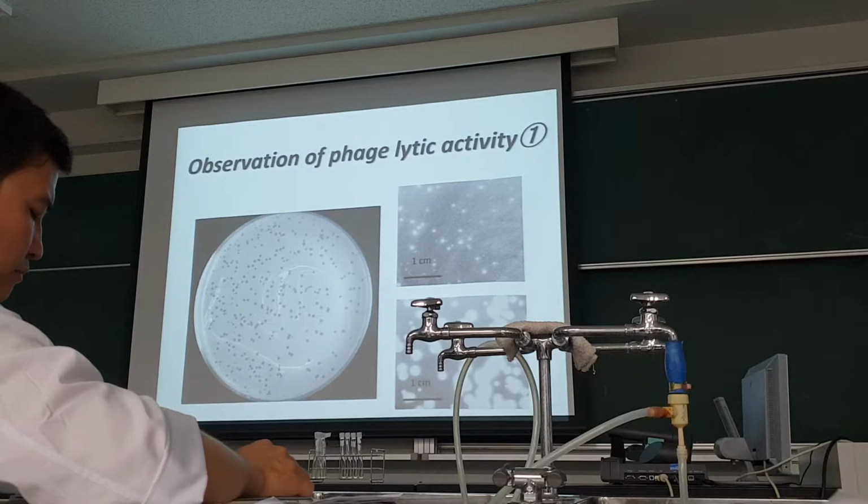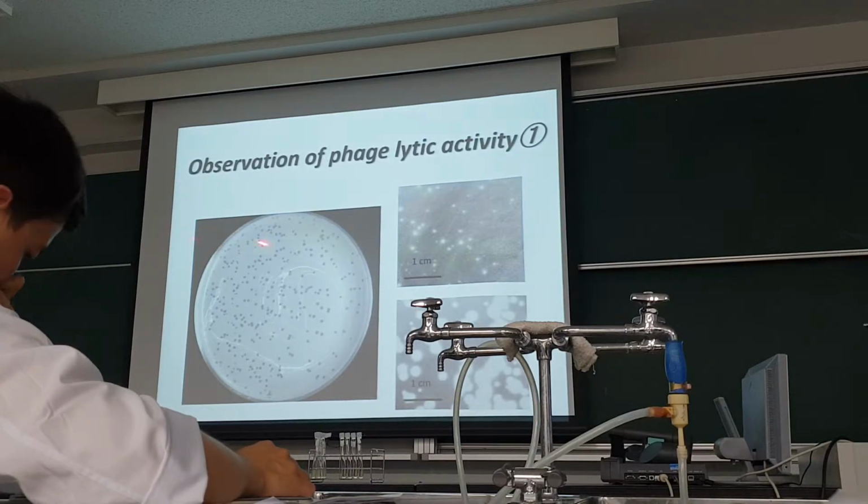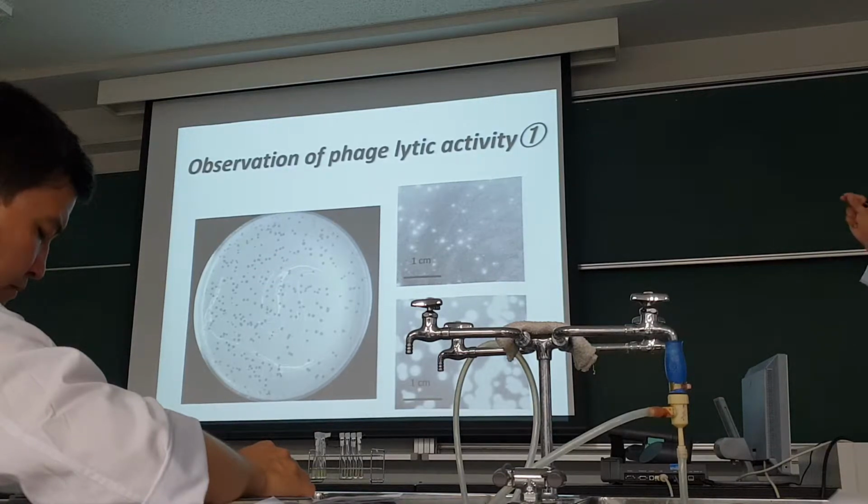It's called a plaque assay, and this white area is all bacteria, the bacterial overgrowth. So it's turbid, and this hole is transparent, and it's called a plaque. One virus infects the bacteria and spreads and makes this hole, and this is called a plaque.